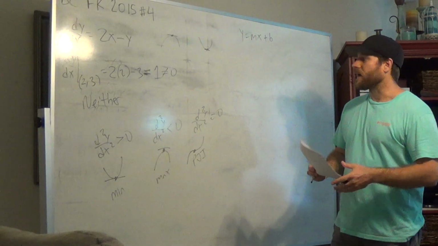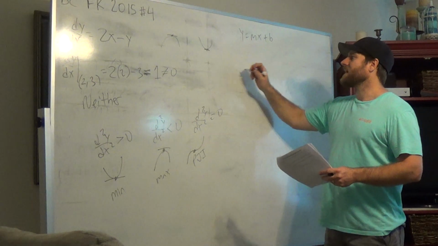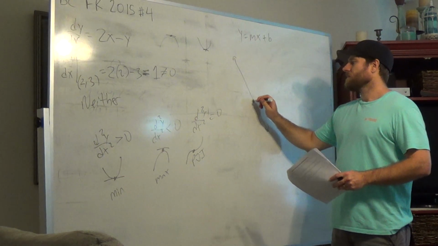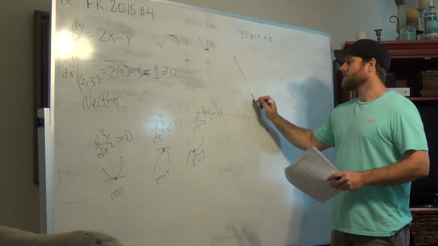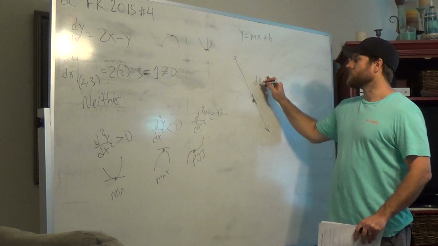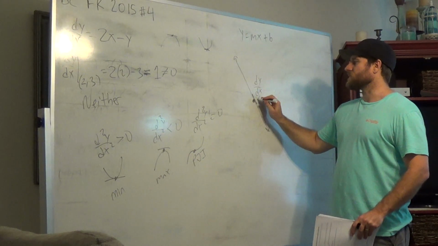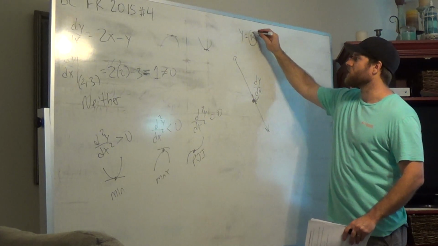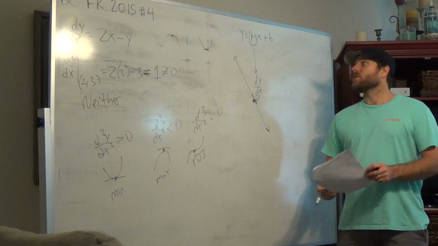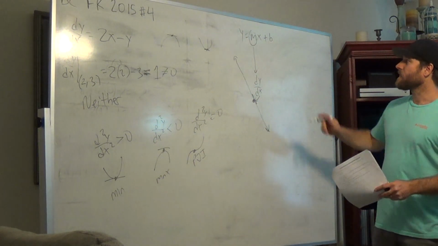Now think of it this way. If my answer is a line, then the slope of the tangent line, remember that's the derivative, the derivative, which gives the slope of the tangent line, will actually be the slope of the line itself. So this is where things get a little sneaky.